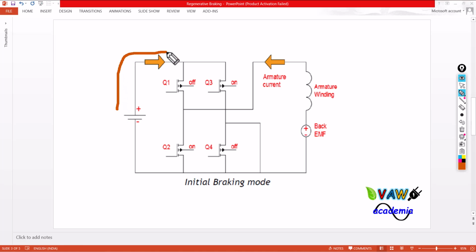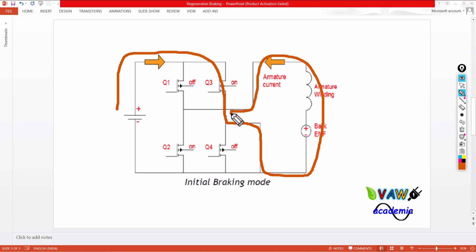Look at this case, it is going through Q3. Now it is going through the machine. Again it's going through Q2. I'm just putting the arrow mark. This is the flow of current which will create a closed loop.